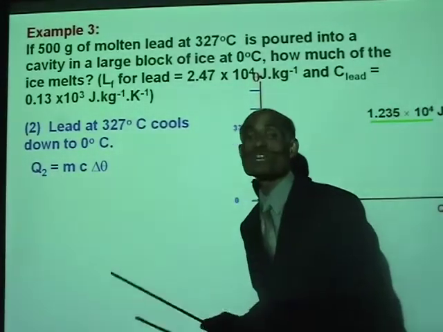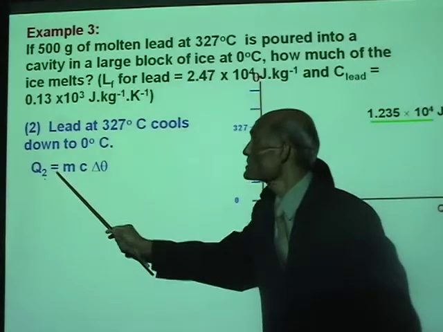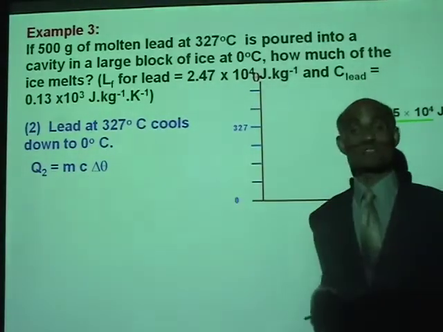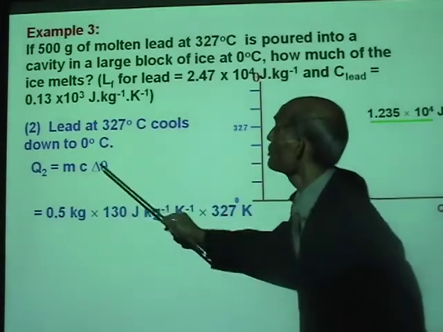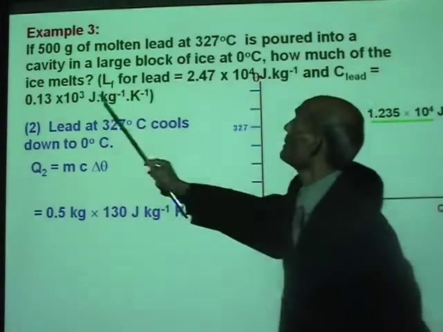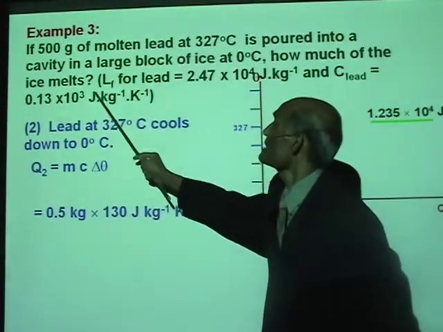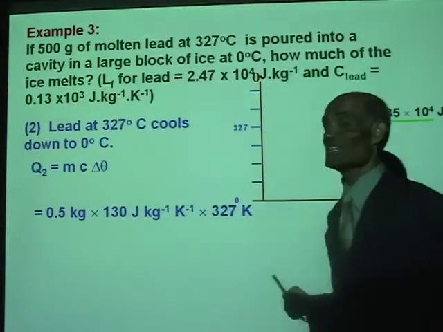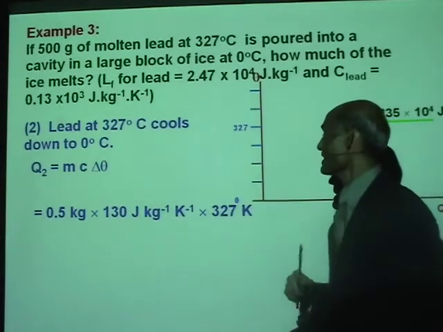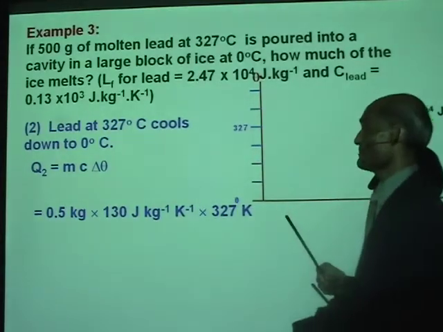Therefore, the quantity of heat given out is mass times specific heat times change in temperature. We know the mass, and we know the specific heat of lead, I gave it to you: 0.13 times 10 to the 3, which is 130 joules per kilogram Kelvin, times the change in temperature, 327 Kelvin.